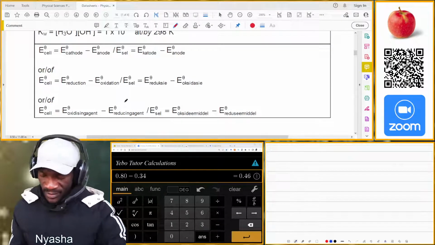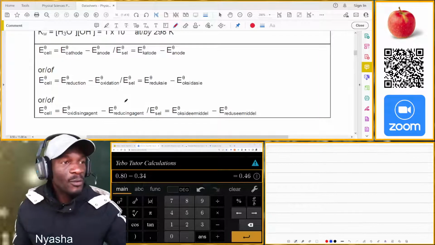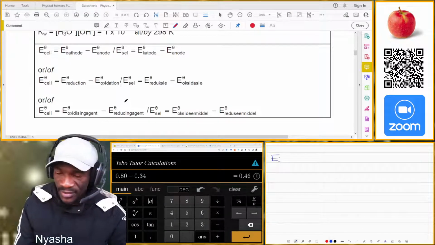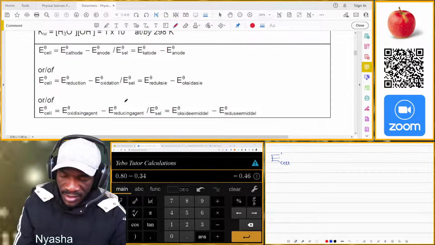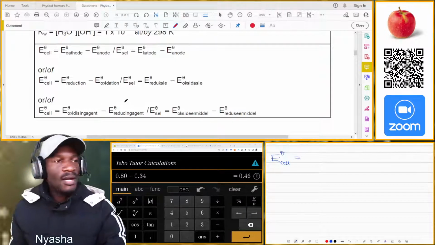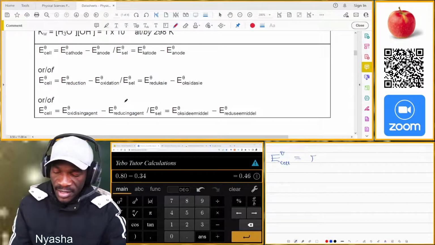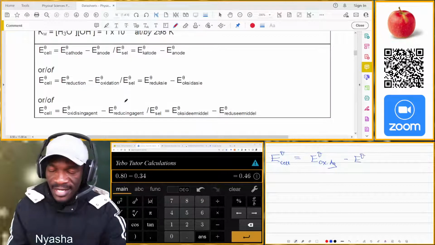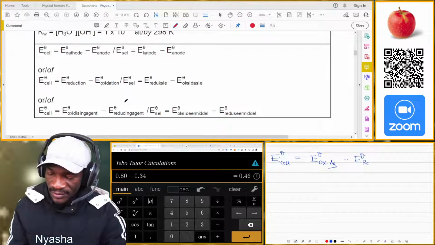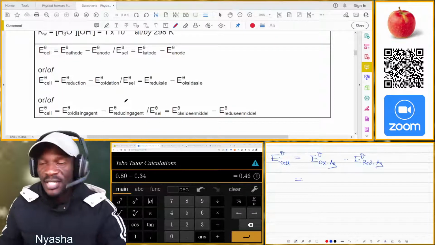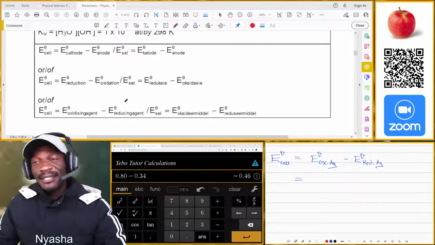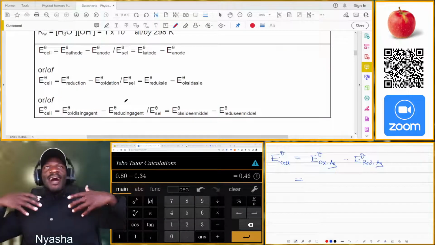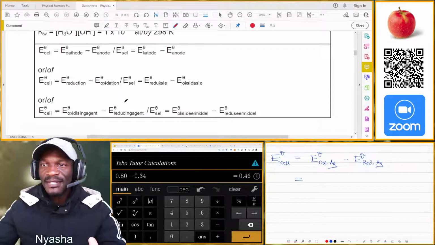There we have it. So, second formula, we said E cell at standard conditions is equal to E theta of the oxidizing agent, and then subtract E theta of the reducing agent. So can you see, it depends with what you're comfortable with, right?